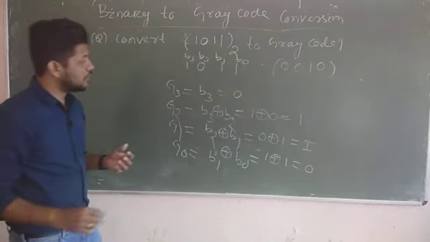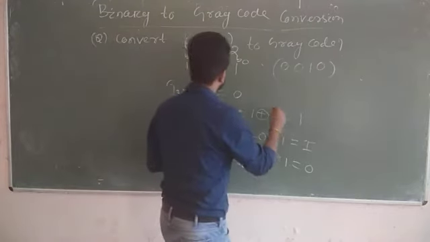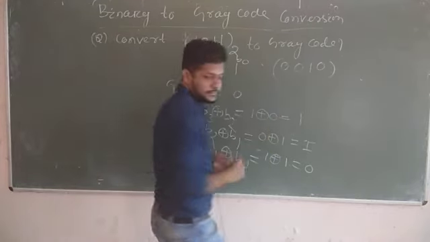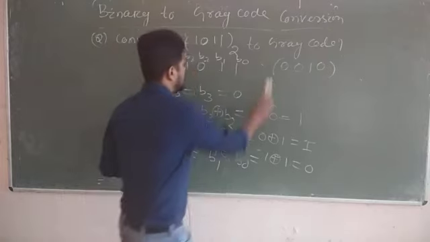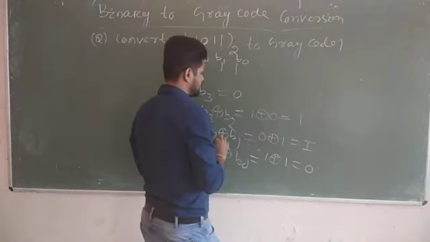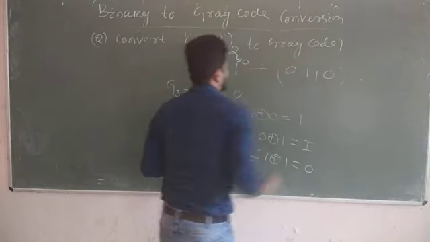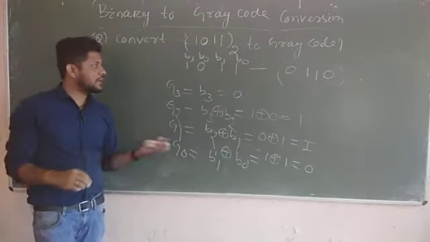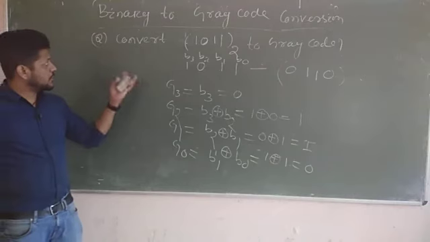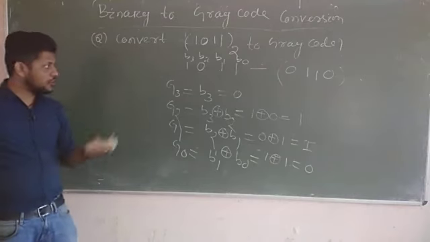So the answer will be 1110. So this is the procedure for finding the gray code of a number given in binary.